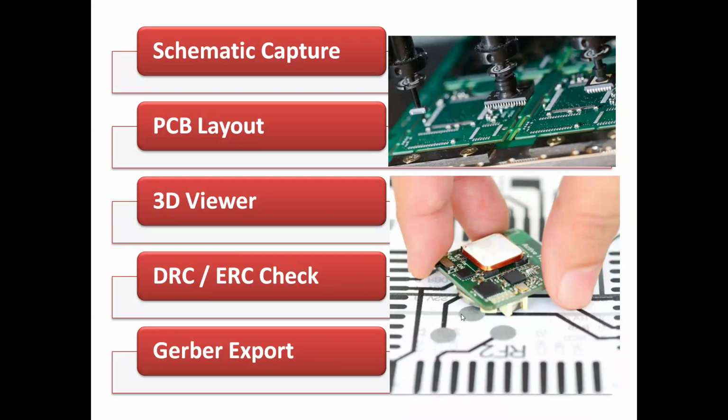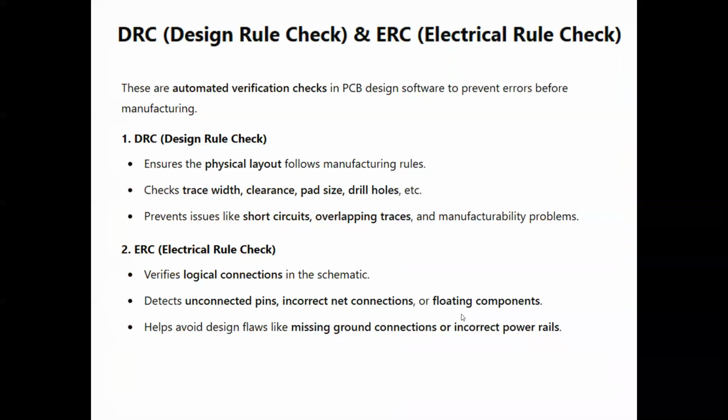And finally, Gerber export. We can export to a particular file, which will be used in a printing machine if we want to print it. So design rule checking, electrical rule checking: if we are applying some specific voltage, whether it is valid or not.